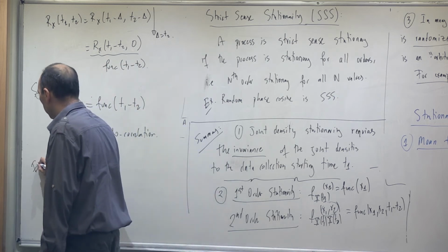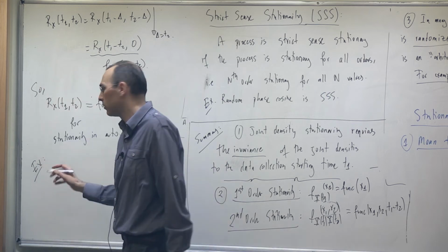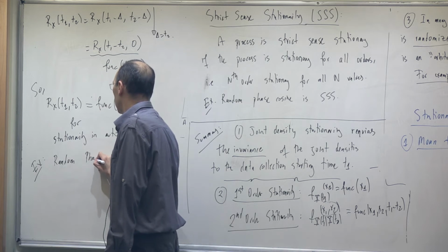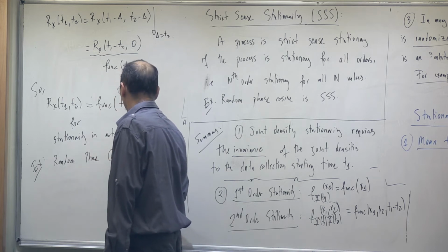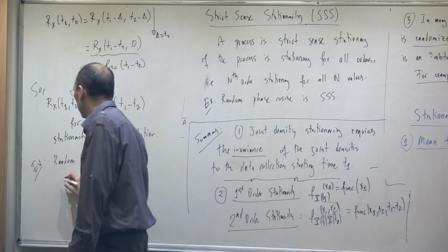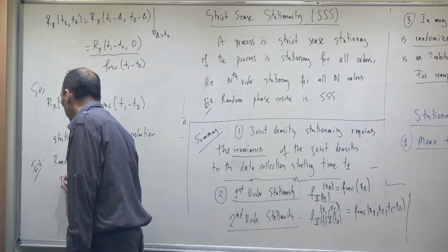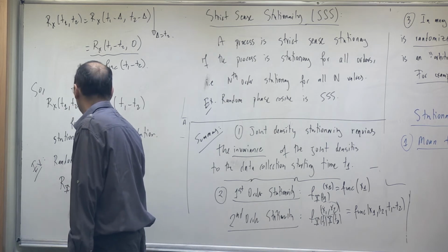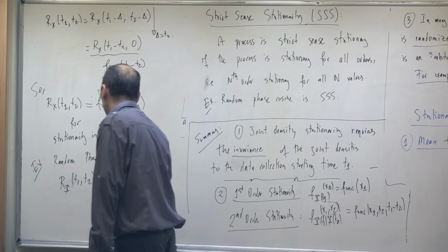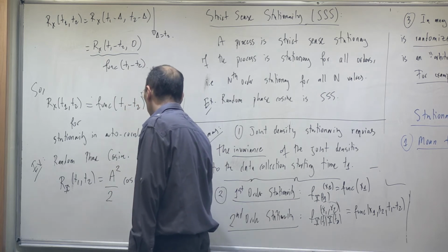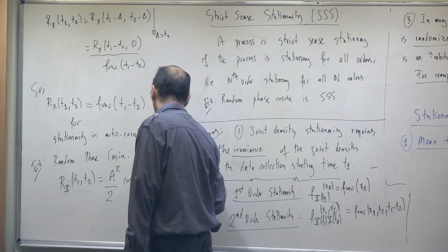Again, our example is the random phase cosine, because it is strict sense stationary, not only in autocorrelation but in the PDF. Do you remember we calculated this Rx(T1, T2)? It was something like A squared over 2 cosine omega (T1 minus T2).